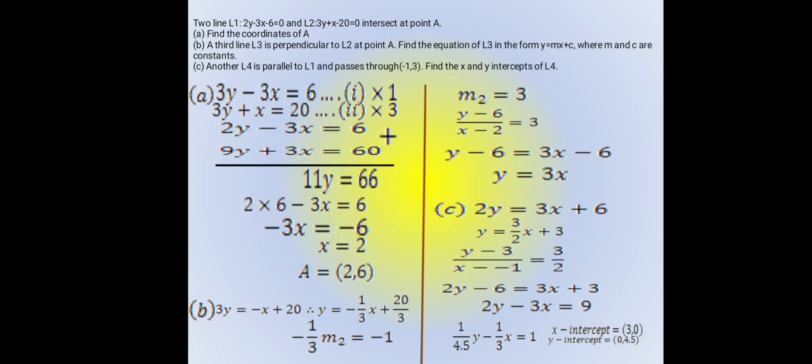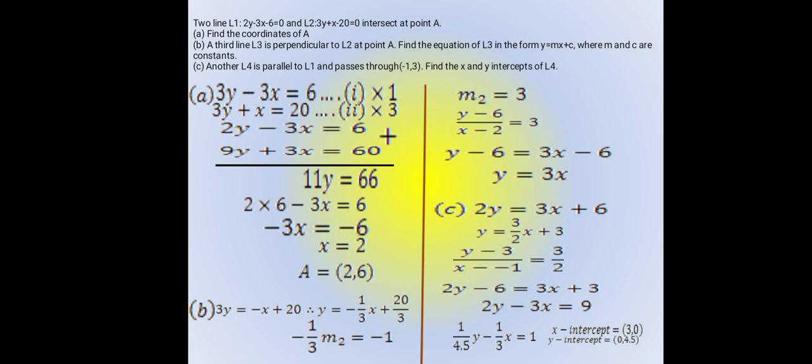Now, to find the y and the x-intercept, the line must be written in the form of y/b plus x/a is equal to 1. So you can see I've written that line in that form. We have y/4.5 minus x/3 is equal to 1.